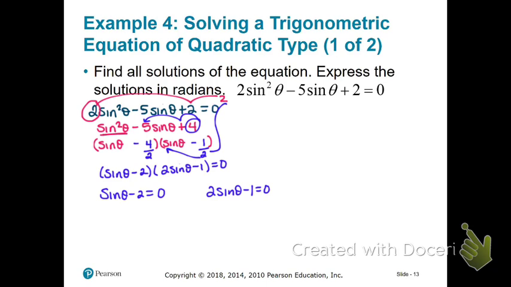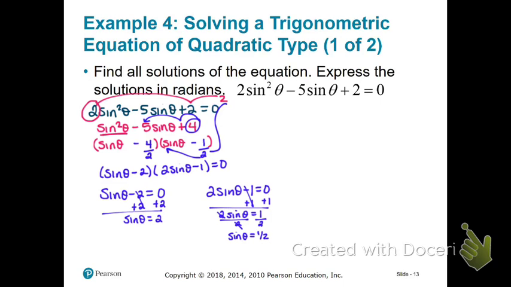So just like we did in the previous examples, let's get our trig function by itself. Well, we got to solve for the angle, though.